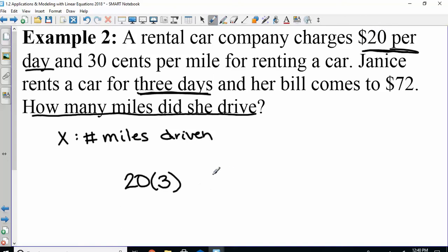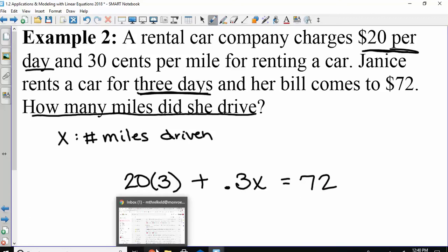So if I'm just talking about that fee per day, I have to take it times the number of days. And so we have to add in 30 cents per mile. Why does it have to be 0.3? Right, the 20 is the dollars, is the change. And the bill was $72.